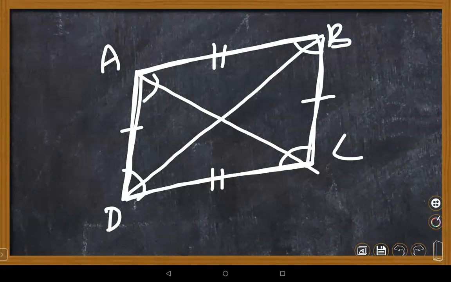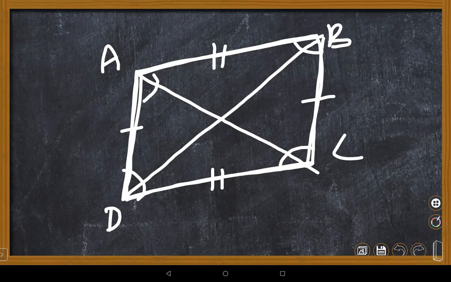Not only this, what do you know about the diagonals? They bisect each other at 90 degrees, ma'am. Very good, very good. I want the point, children. What do you know about your diagonals? Ma'am, they connect opposite sides. Very good.